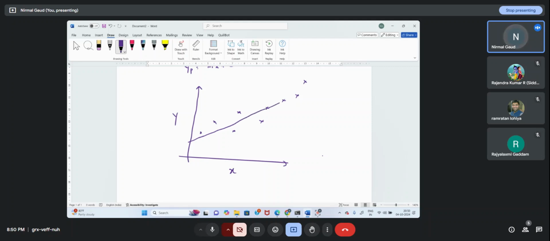For example, this line I made, 3 points are coming. For example, this line I make, 2 points are coming. But not all the points are coming on any of the lines which I have drawn. That means if I consider this as a line, the points present here are error, and these points are also error points.